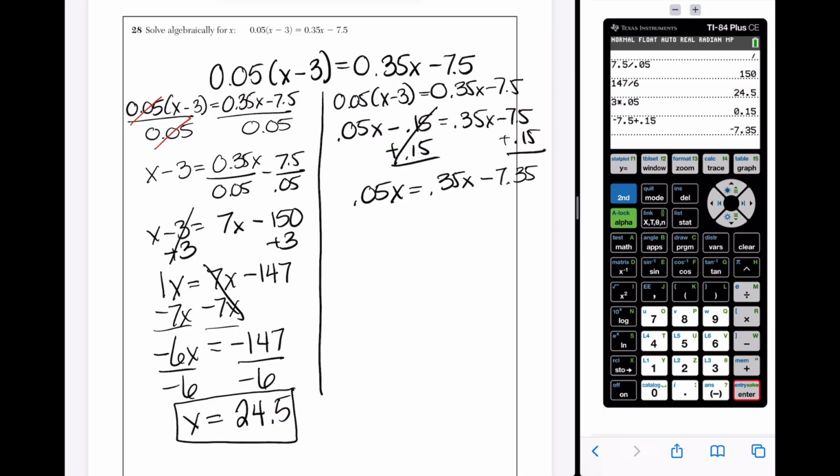Just that right there, where I'm adding positive and negative integers together. And now I can subtract. And this is a second point where I can see kids making a mistake. So 0.30x, or 3/10, is equal to negative 7.35, and then dividing by 0.30.